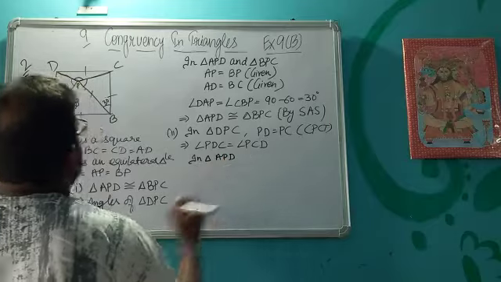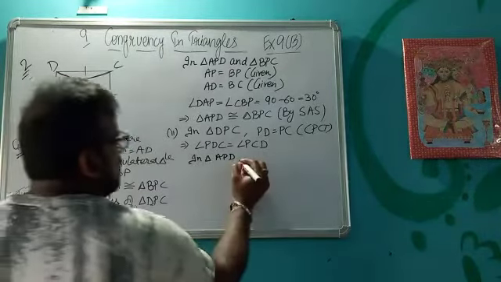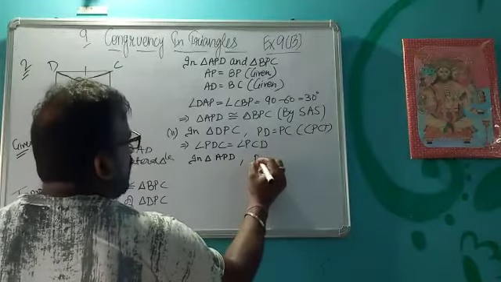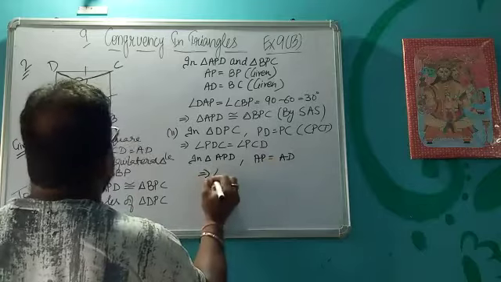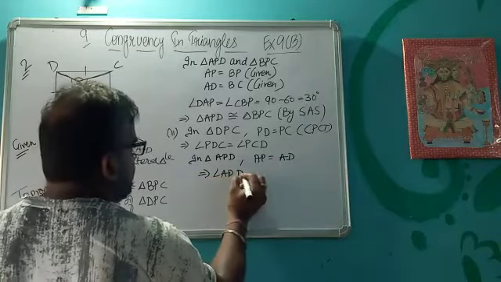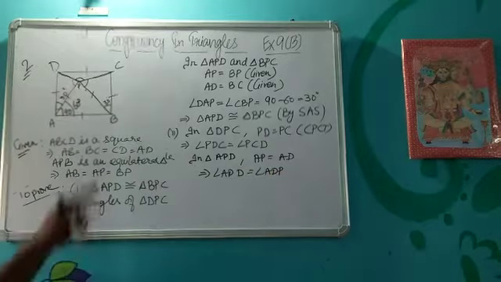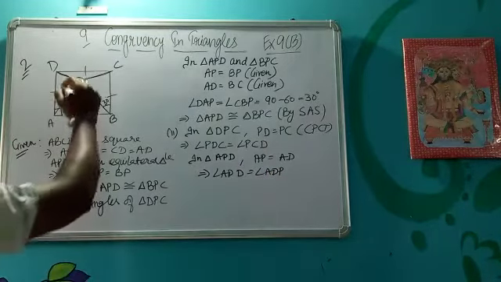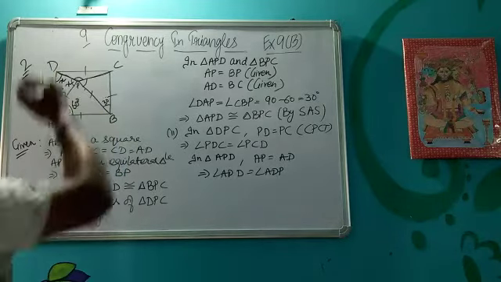In triangle APD, I have to calculate angle APD. We know AP equal to AD, so angle APD is equal to angle ADP. Again, isosceles triangle property I have used. Let this angle be x, so this is also x.